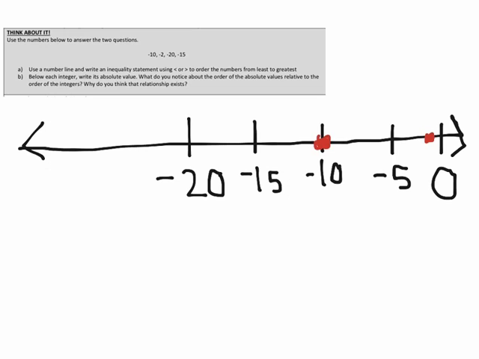My following number is -20, so I am going to plot my next point on -20. And then finally, my last number is -15, so I'm going to plot my point on -15.